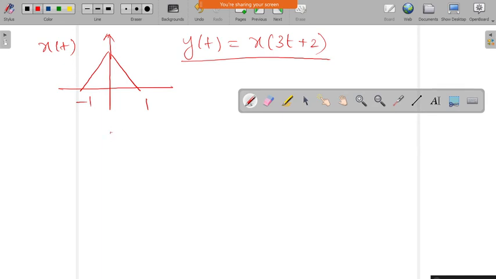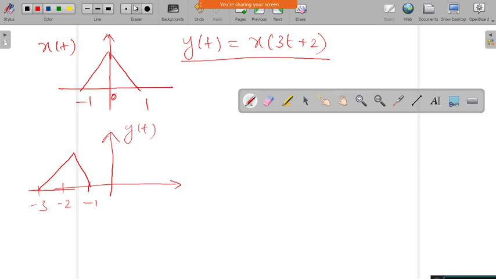From where to where will you get this one? This is 0. So from where will it start? Minus 3. So minus 3 to minus 1.